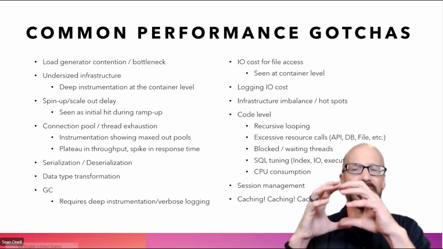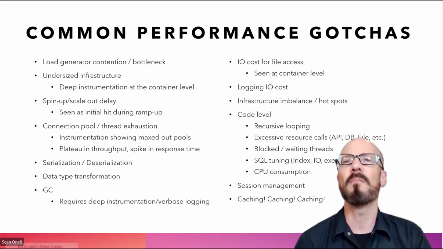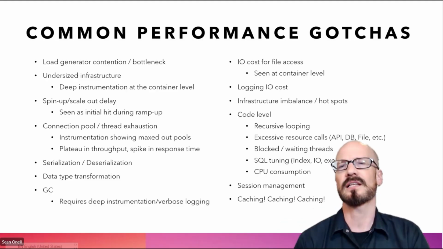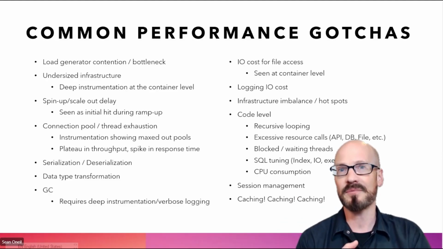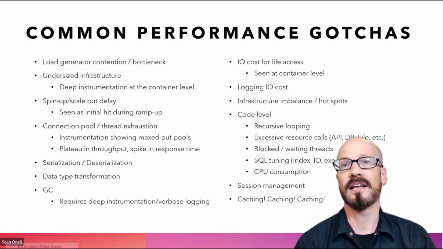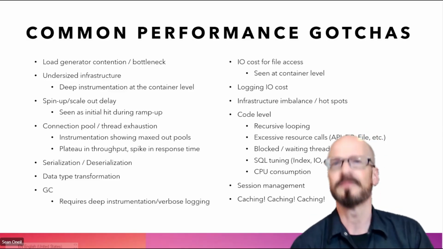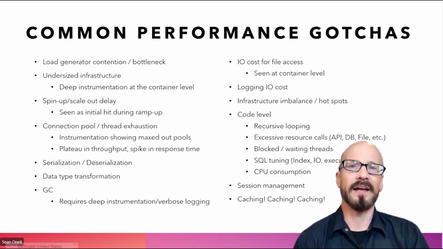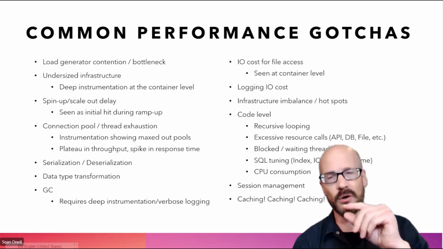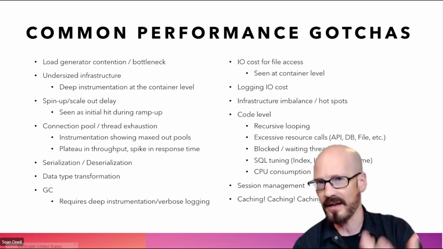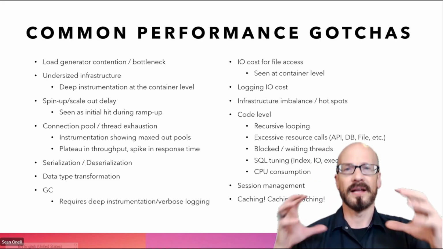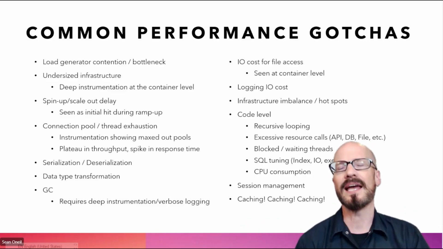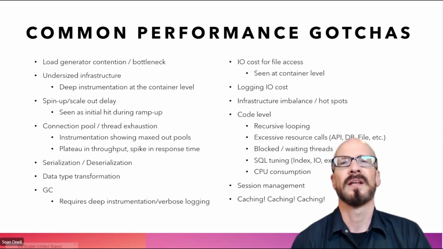But at a certain point, there's all the garbage that builds up that it's not needing anymore. If you have not set your garbage collection parameters optimally, you'll see a lot of time spent in GC. And based on what technology you have, you may have to set verbose GC logging as a command line parameter, or connect up a third-party open source or commercial tool that will be able to get that information for you.